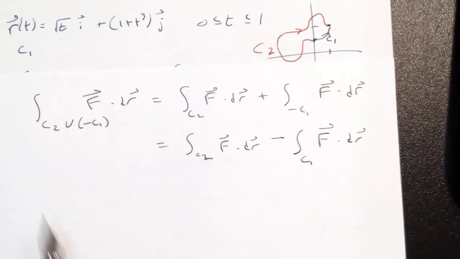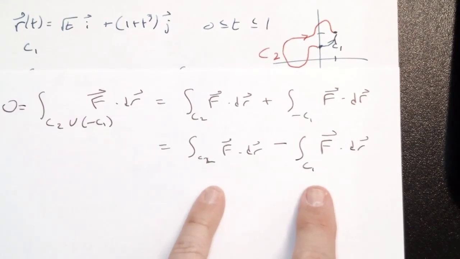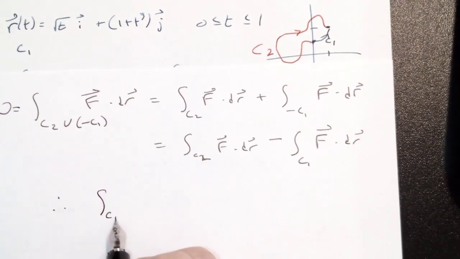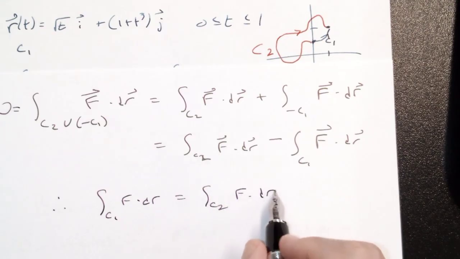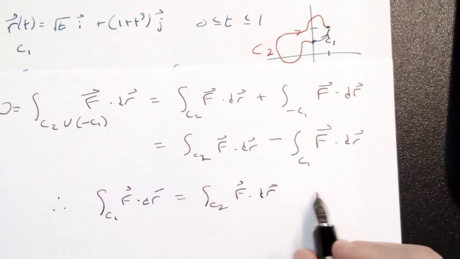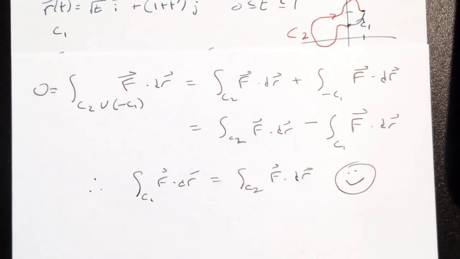And if that's a closed path, this is 0, isn't it? And that means that these must be equal. So another way to determine, hey, this integral is path independent, this vector field is conservative, is if every closed path integral has a value of 0.